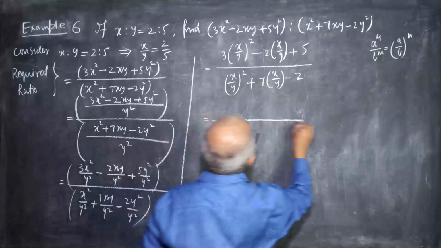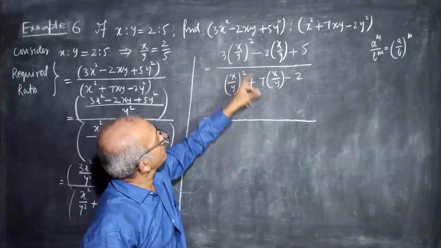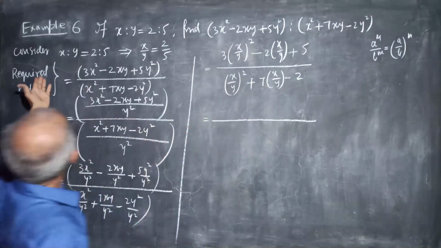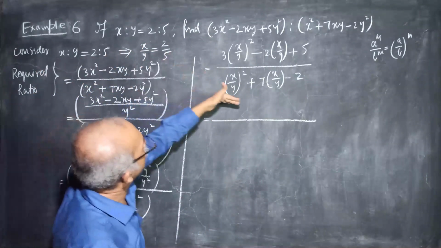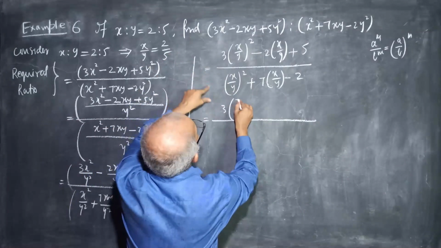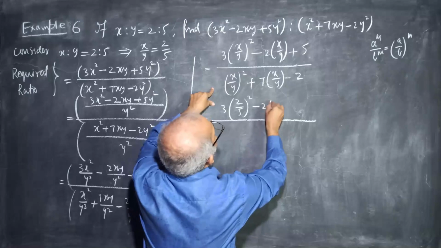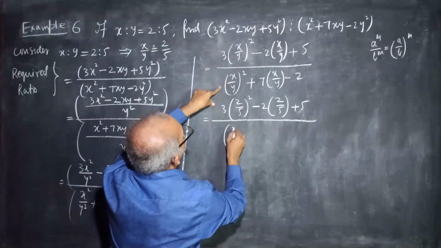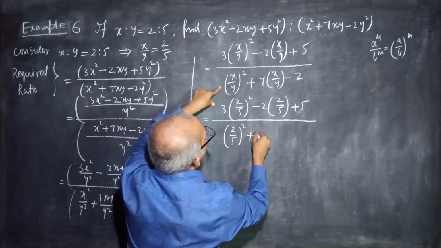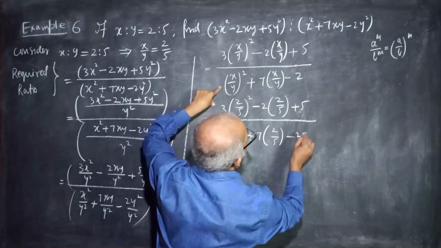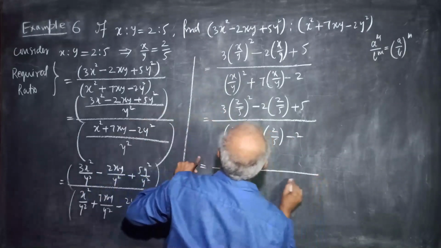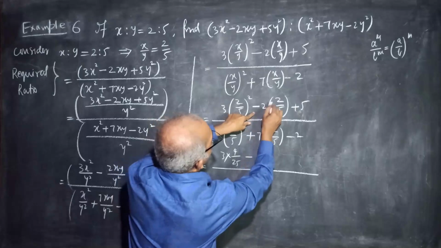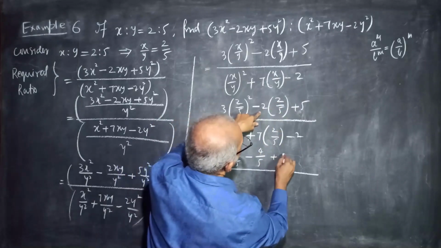So this is equal to, now in all the numerator and denominator we have x by y. So we know the value of x by y. X by y is 2 by 5. We shall substitute here. So 3 into 2 by 5 whole square minus 2 into 2 by 5 plus 5. Similarly, in the denominator, 2 by 5 whole square plus 7 into 2 by 5 minus 2. This is equal to 3 into 2 square is 4, 5 square is 25, minus 2 twos are 4 by 5 plus 5.